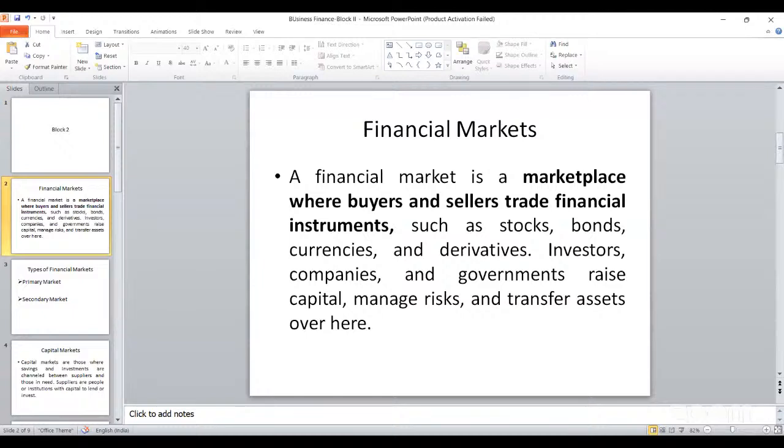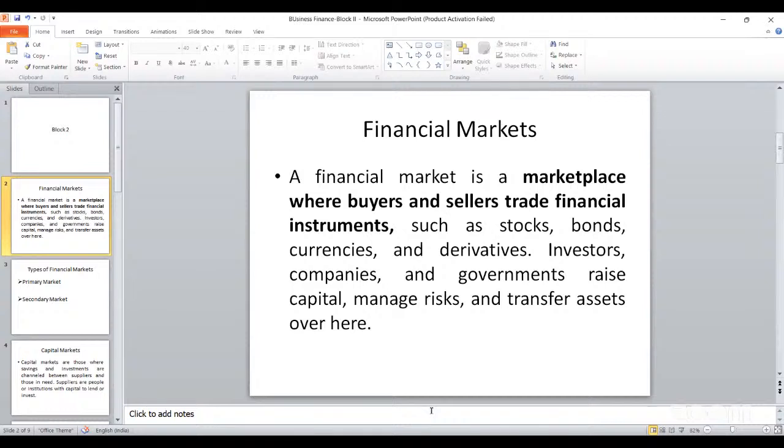So with this, we have completed your block one, in which we had all 5 units till the concept of capitalization. Next, coming to your block two, basically we are discussing financial markets, in which we have the capital market and the money market.